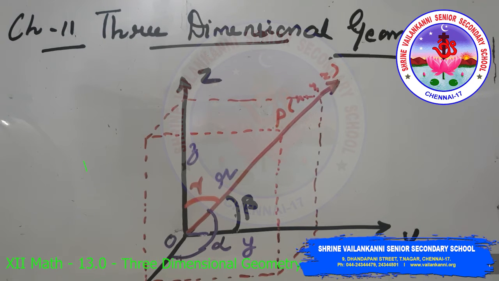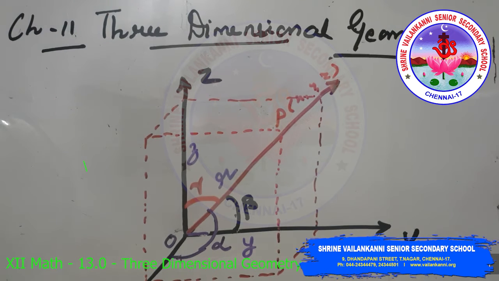From chapter 10, vector algebra, let's recall what a directed line, direction cosines and direction ratios are. A directed line segment has magnitude as well as direction.